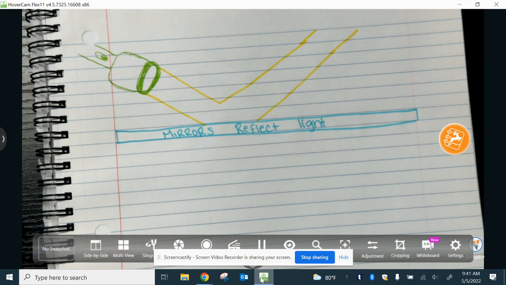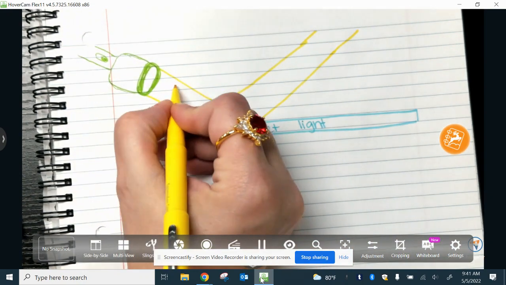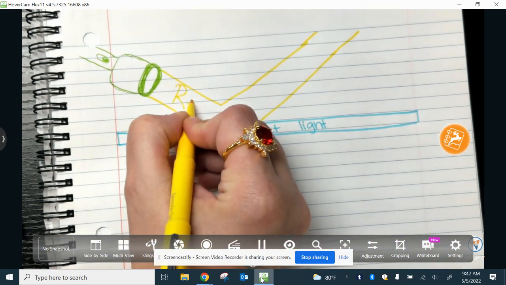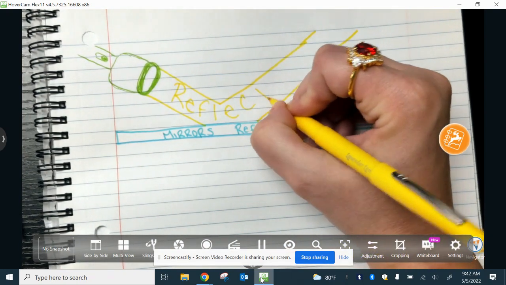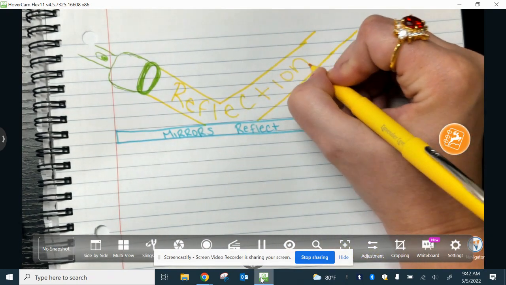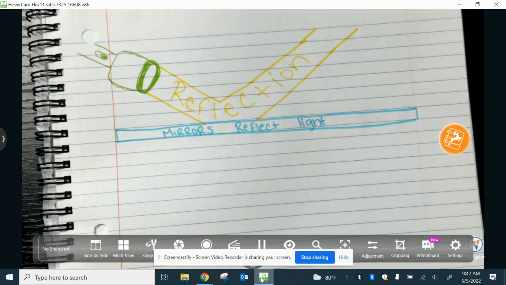Reflects. Okay, I'm going to label it reflection.